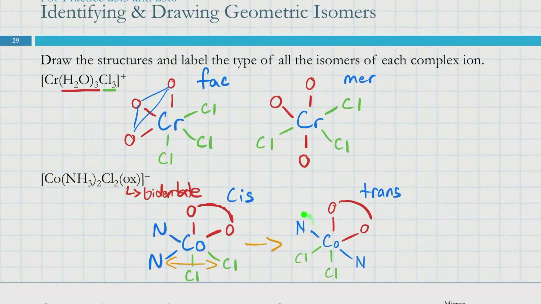So if we flip the spots for the amines and the chloros, we can have a different trans configuration where our chloro groups are opposite each other.